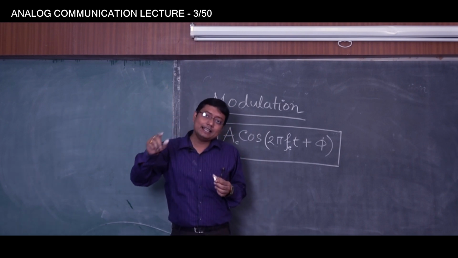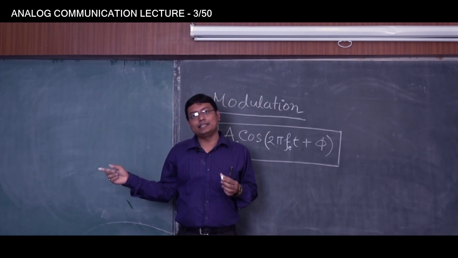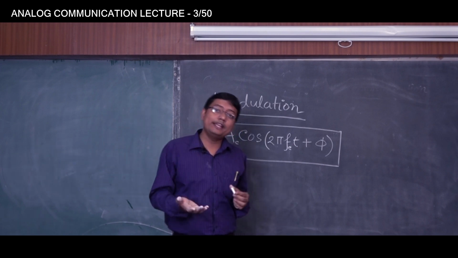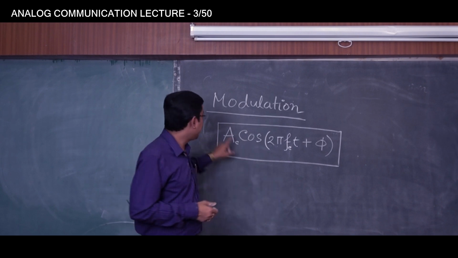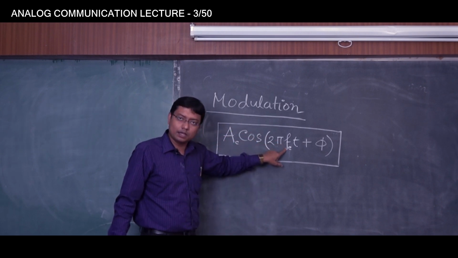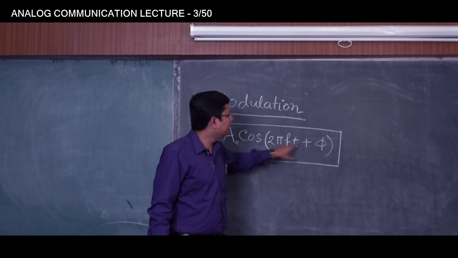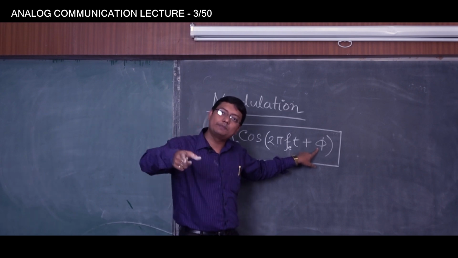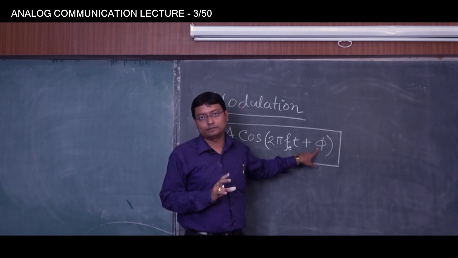So how the baseband is changing instantaneously, in proportion to that we are going to vary either the amplitude of the carrier, or the frequency of the carrier, or the phase of the carrier, and correspondingly we are going to name that specific type of modulation.